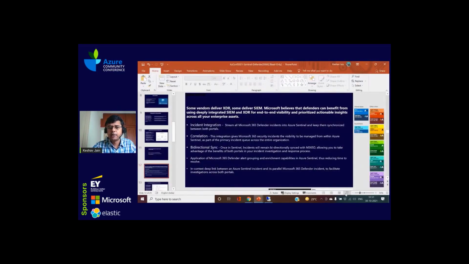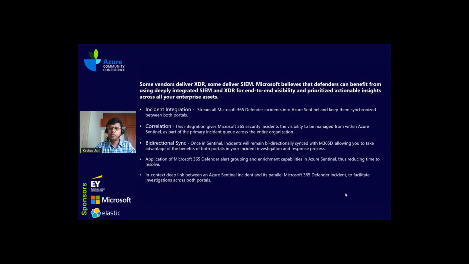Once you do this setup, you will have the capability of doing the incident integration. As I said, you can stream all your Defender incidents into Sentinel. You can do the correlation. These incidents are like a bidirectional sync. If you make any changes to the incident on the Defender portal or over the Sentinel portal, both will be reflected at both places, right?